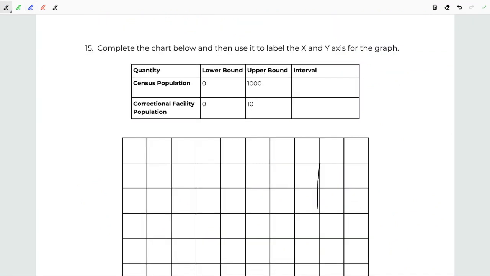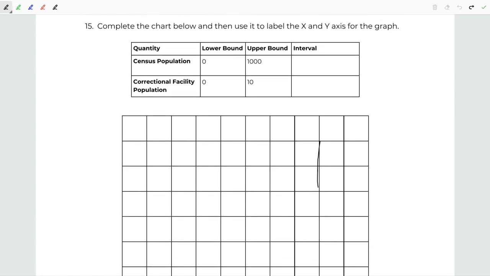Okay, so now we are going to compare our data graphically. So we're going to compare our census population to our correctional facility population for our various ethnicities.